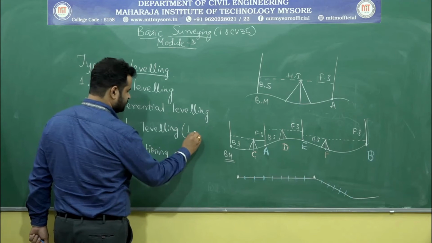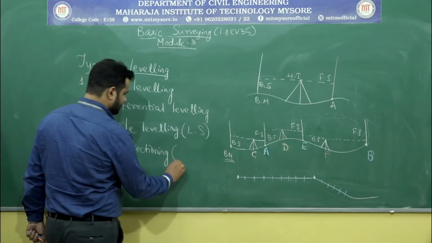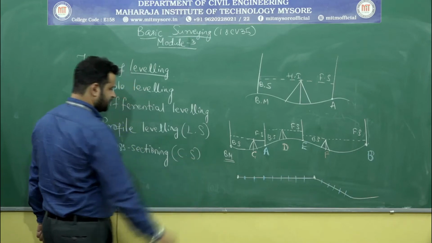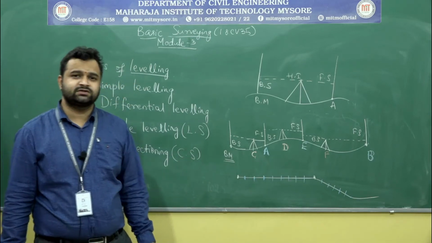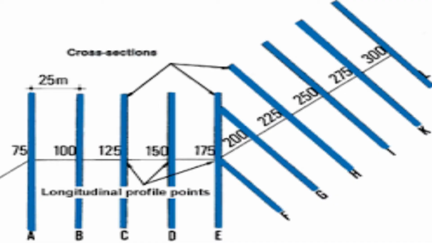Profile leveling, also known as longitudinal sectioning, we can write as LS, whereas cross sectioning we can write as CS. So, what is cross sectioning? It is the process of taking levels on each side of a main line at right angles to that line in order to determine the vertical cross section of the surface of the ground.